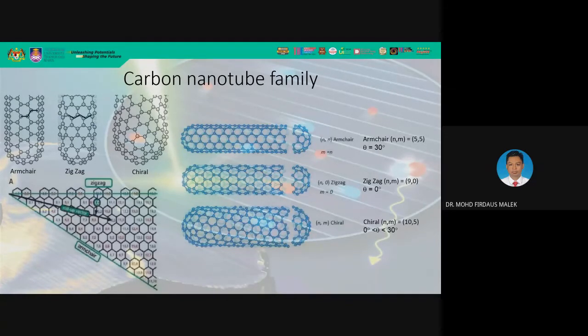The zigzag carbon nanotube. The zigzag and chiral carbon nanotubes both share electrical properties similar to semiconductors, where the conductivity is lower compared to armchair.